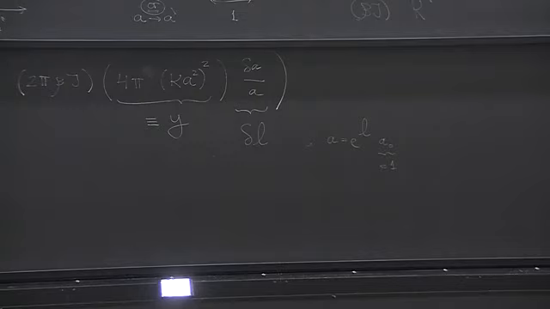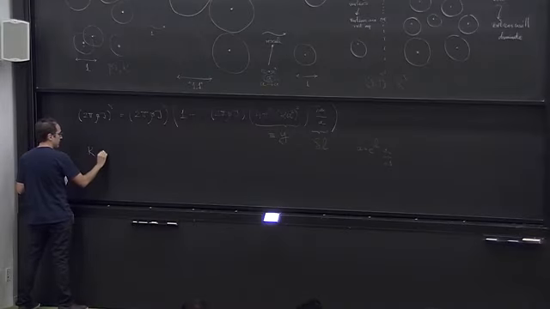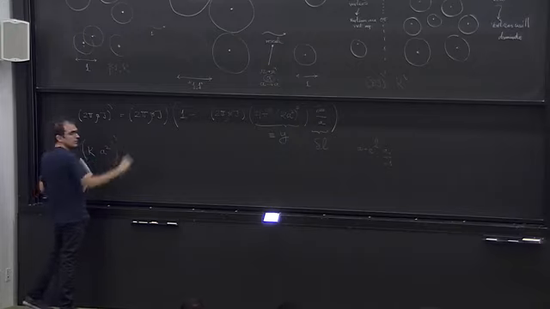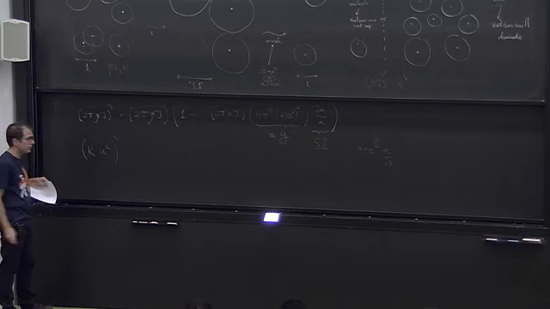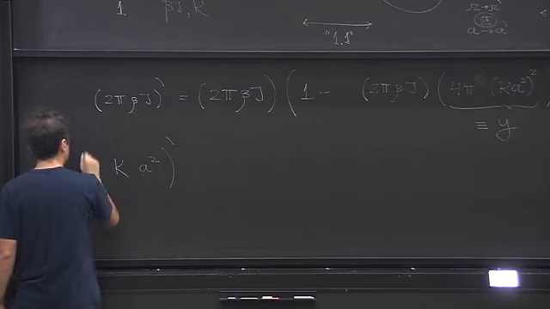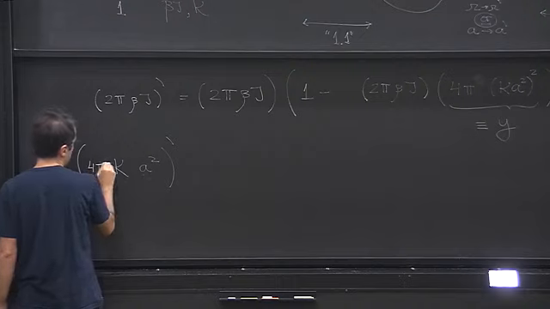But what I have is the transformation of k prime. So what I want to write next is k times a square, and I want to say by how much this quantity changes, because this quantity is the dimensionless quantity that appears there. And I can put a 4 pi just for convenience.